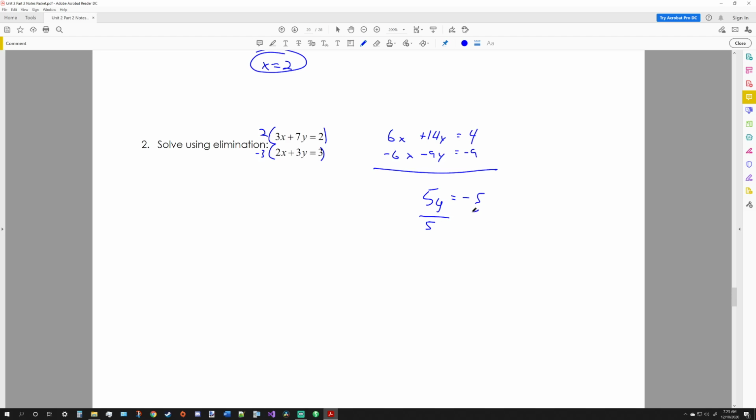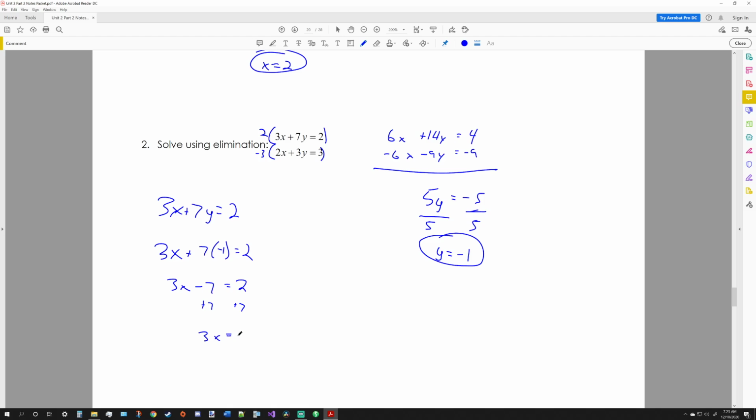And divide by 5. Y equals -1. So plugging that in to solve for x, x equals 3. And so there's our answer to number 2.